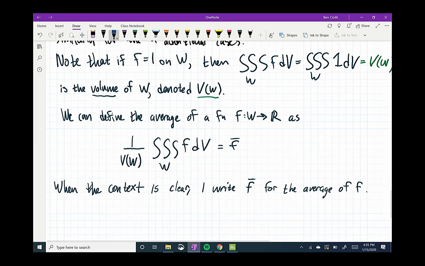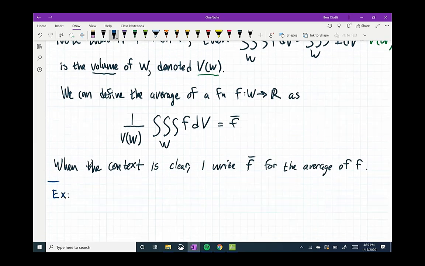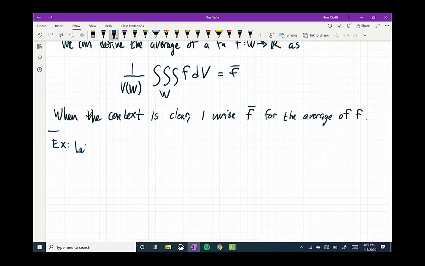Cool. Okay, so let's do an example. Let T be the following tetrahedron.